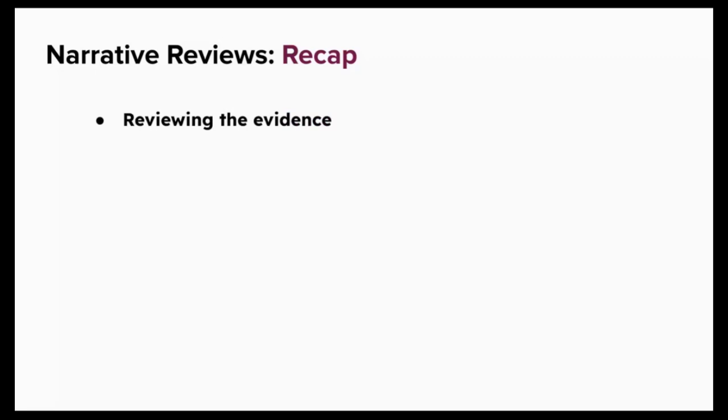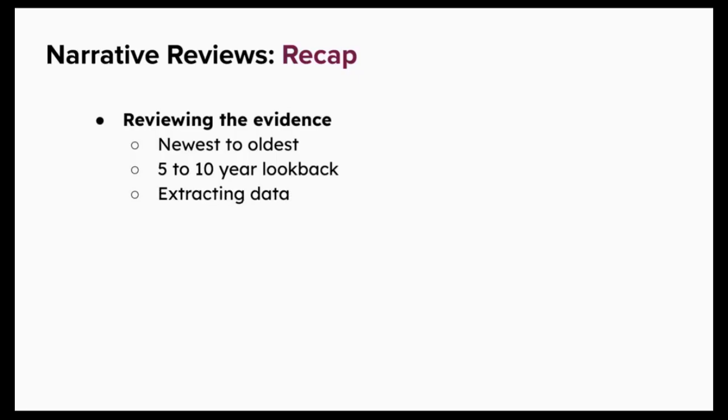All right, so we talked about going from newest to oldest, that 5 to 10 year look back, again, really depending on your research question, keeping 2020 in mind, etc. We talked about extracting data. So we had that summary table where the researcher had pulled out the subjects and the interventions, and they've really gone through each section of each paper very systematically.